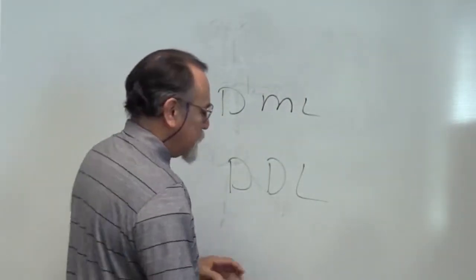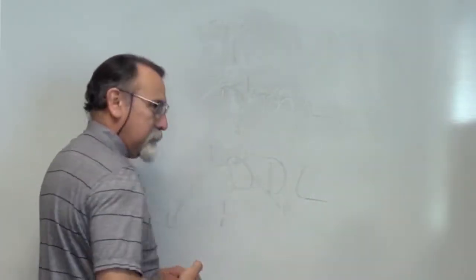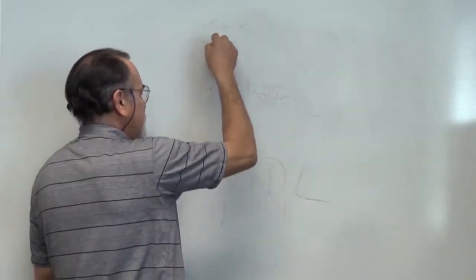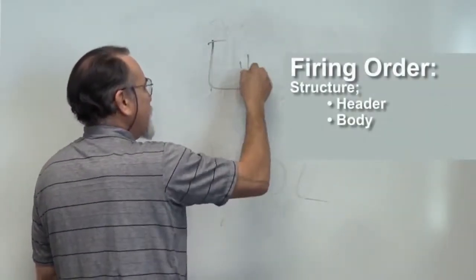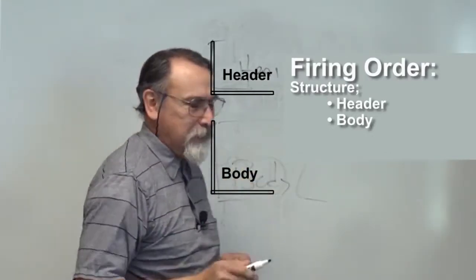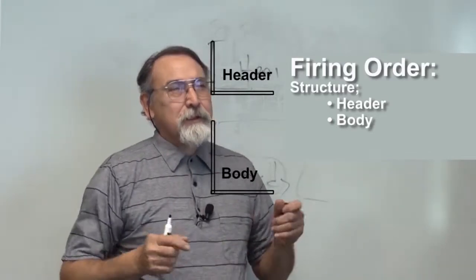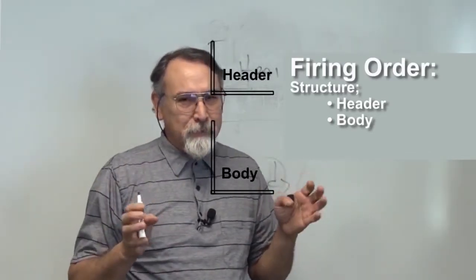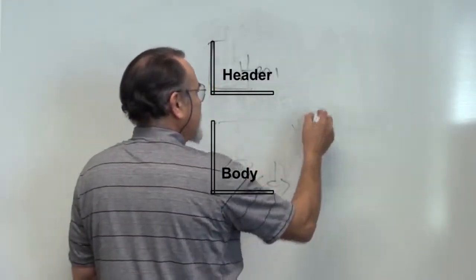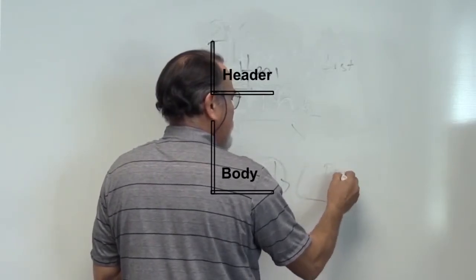Now, I haven't talked about the structure. I've talked about the scenario of the structure, but I haven't talked about the structure itself. In the structure, once again, you have the header and you have the body. The interesting thing about a trigger is that, for the most part, it does not have any programming capabilities. Basically you have a list of programs and what the programs do.